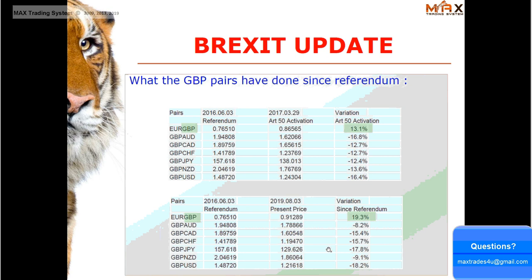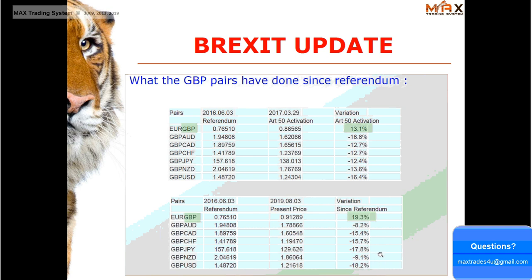So what are the variations in percentages of all these pairs in approximately 3 years? And we can see that the euro pound has dropped 19%, so 6% more than from the Article 50 activation, and for all the other pairs, the variations are less obvious. Some of them have seen a drop of 15%, so not so far from the drop since the activation of Article 50, but some of them have dropped a little more. For example, the pound yen and the pound US dollar have dropped a little more.